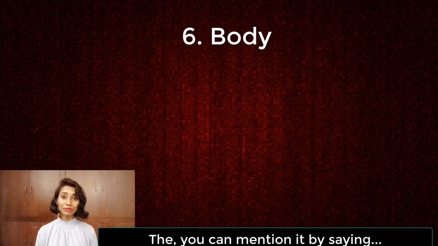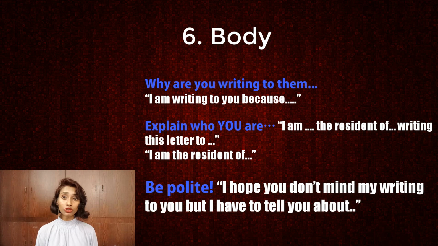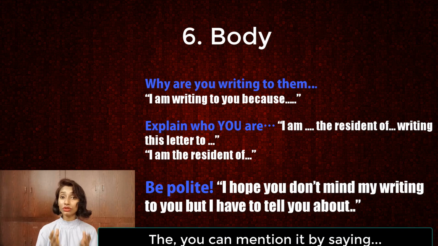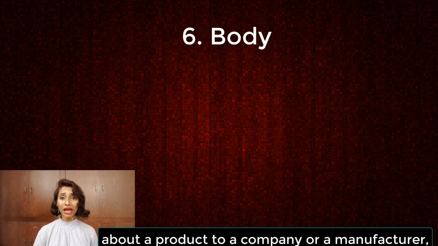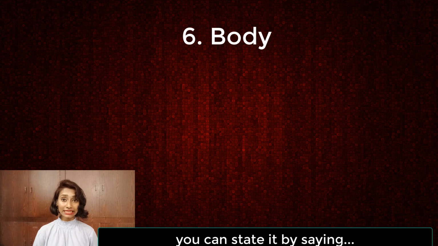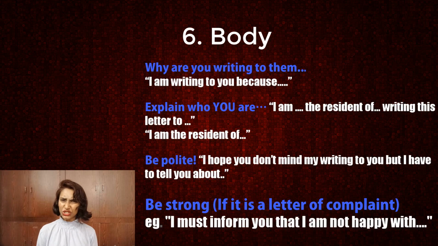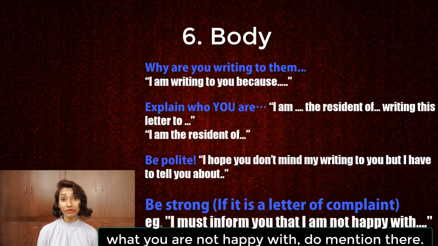Then you can say, "I hope you don't mind my writing to you, but I have to tell you about," and mention what you'd like to tell them as a purpose. And for complaint letters, especially when you're complaining about a product to a company or the manufacturer, you can say, "I must inform you that I'm not happy with," and mention what you're not happy with.